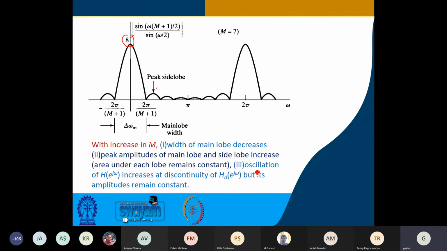Oscillation of H to the power j omega increases at the discontinuity, but its amplitude remains constant. So this is the discontinuity part of it. Then the oscillation, these values will come closer and closer, and that will be manifested in whatever you see in the next diagram.